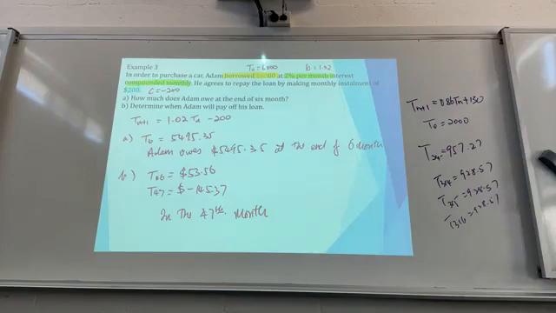So C is 200. In fact, I should have highlighted monthly as well. Monthly repayment. So going back, you're giving back to the bank, so it's take away 200 from the loan.